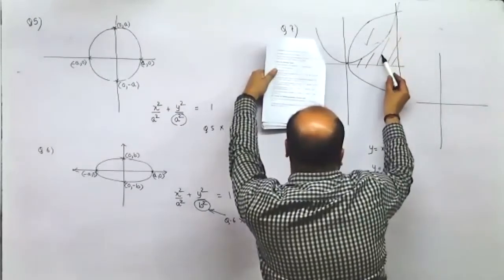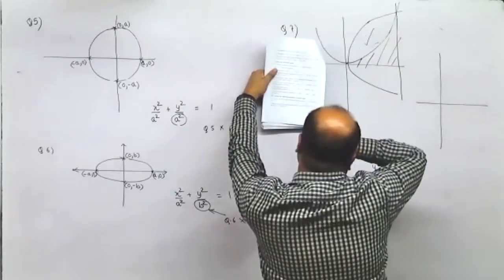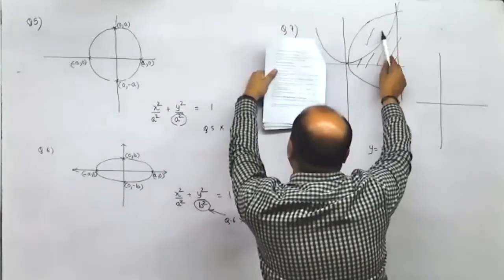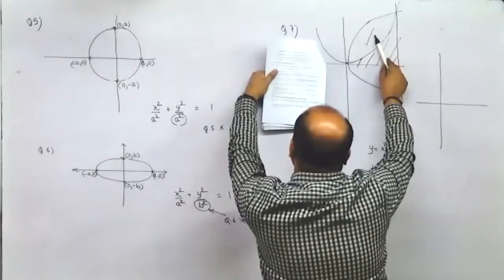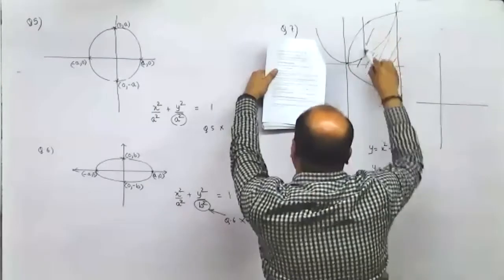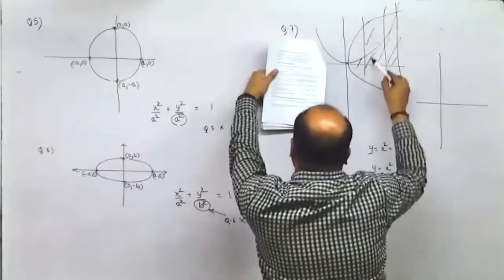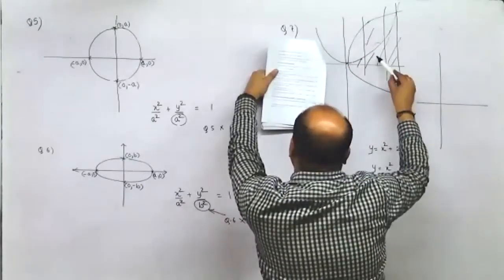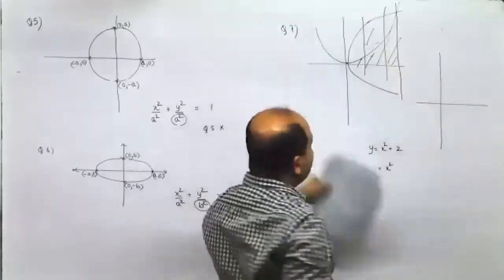But if I'm supposed to find this, it should be this itself. So it should be A to B, f of x dx minus, it should have been minus g of x.